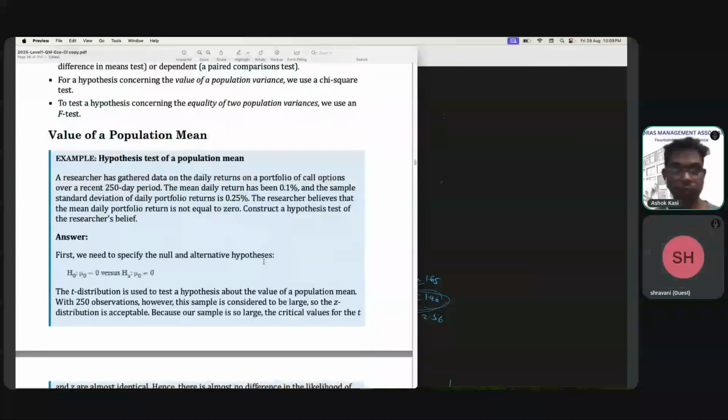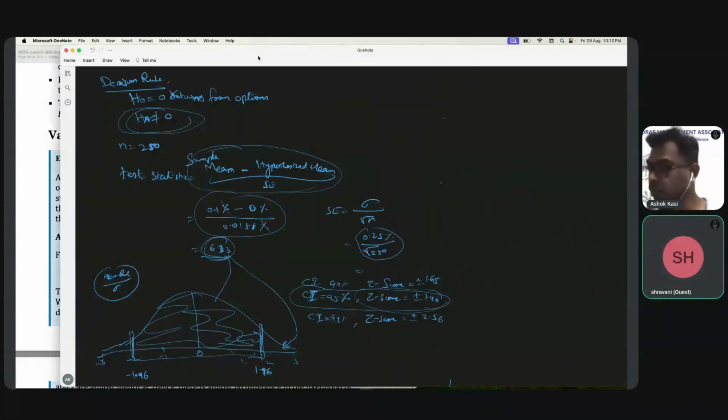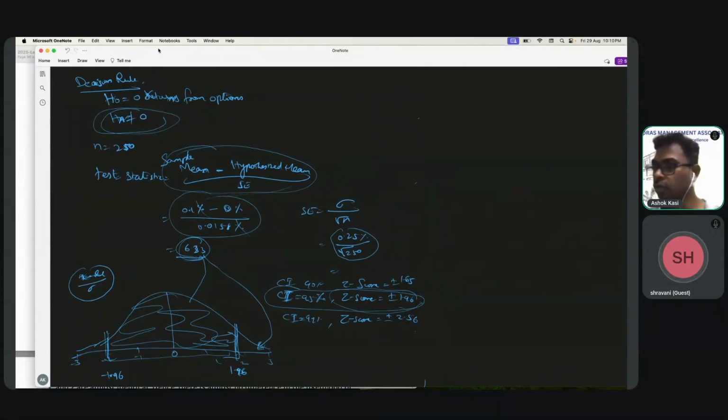Okay, now the p-value. Let me tell you the p-value also, because we have finished one sum. So p-value means, now we don't need to know the formula. It's a complicated formula which is not there for Level 1, fortunately.